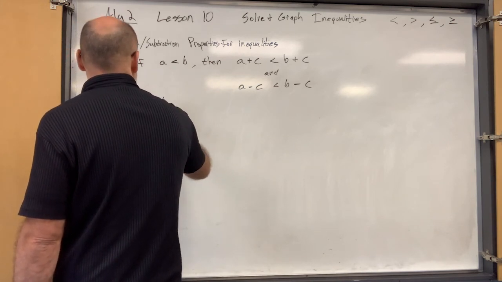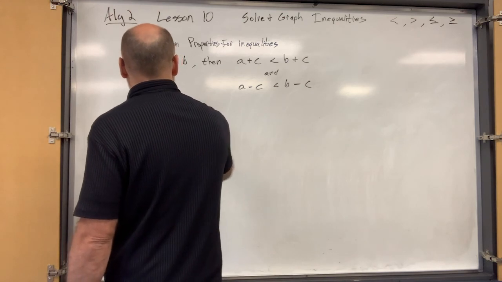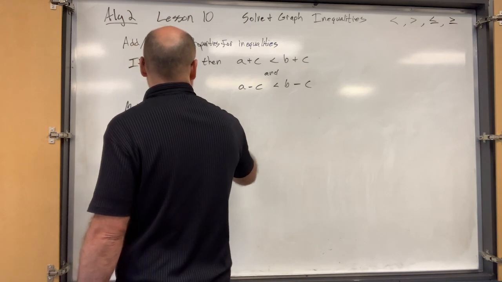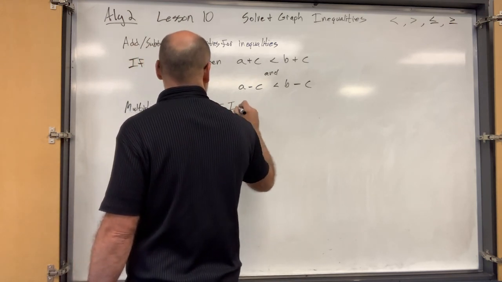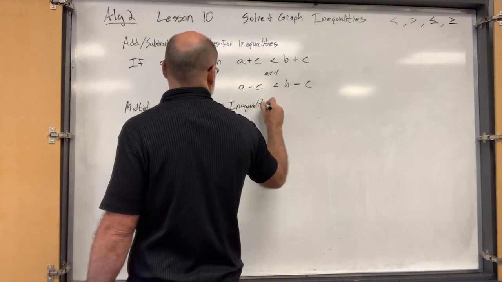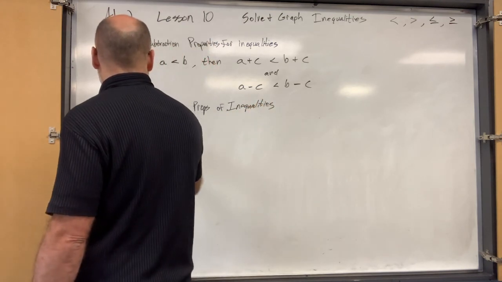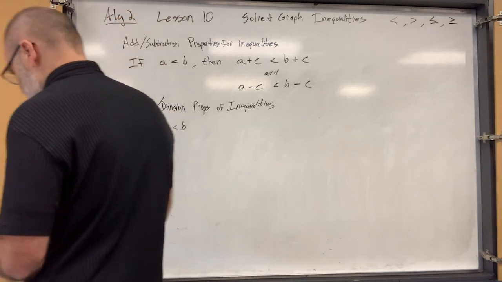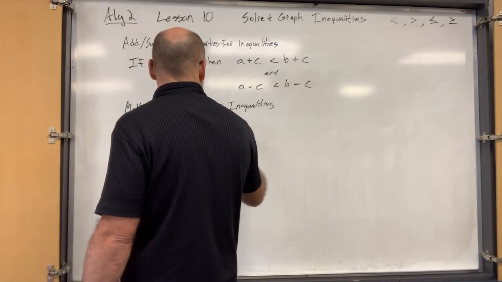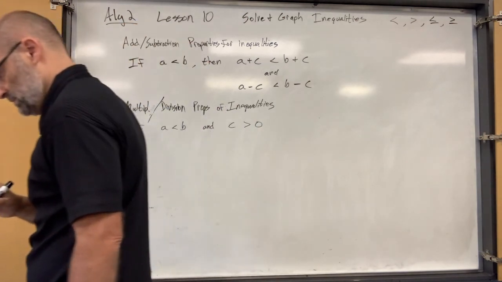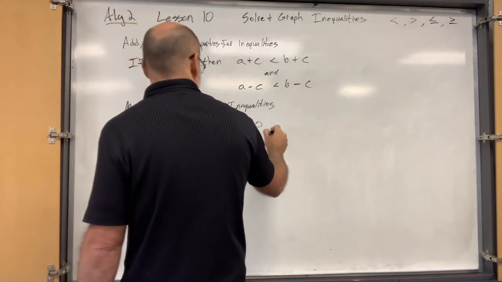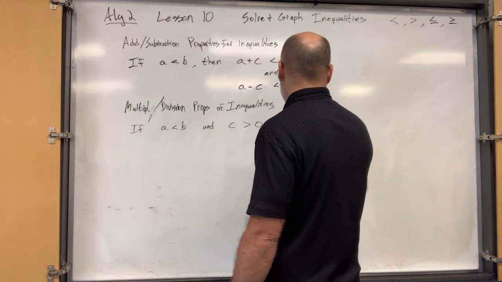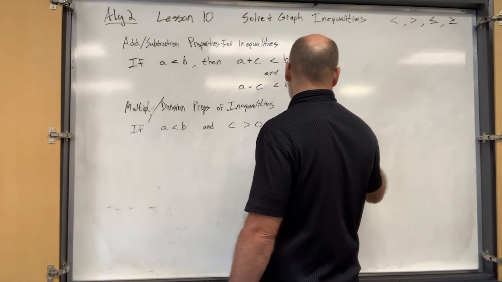Okay, so here's the multiplication and division properties of inequalities. Now this is where it gets a little wrenchy. If A is less than B and C is greater than 0, then AC is still less than BC.